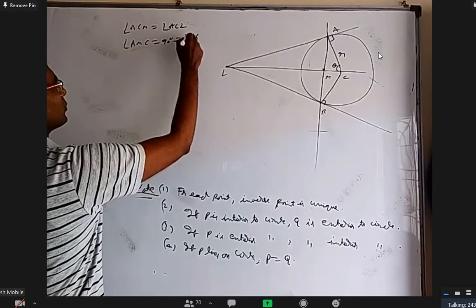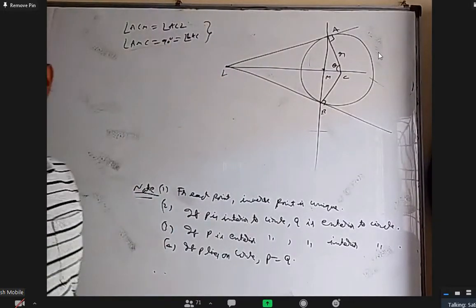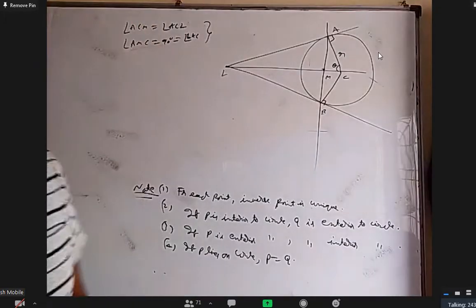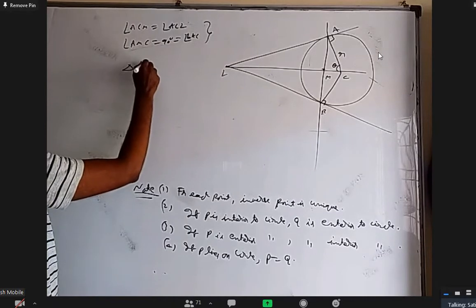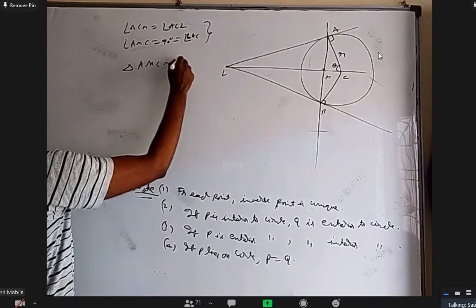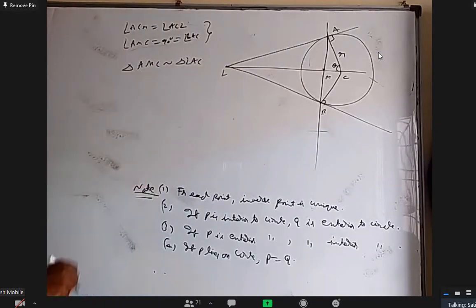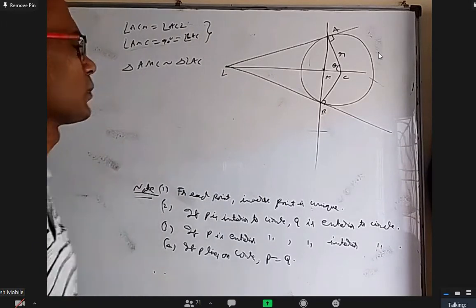So by AA similarity, triangle AMC is similar to triangle LAC. If two angles are equal, they're similar triangles.